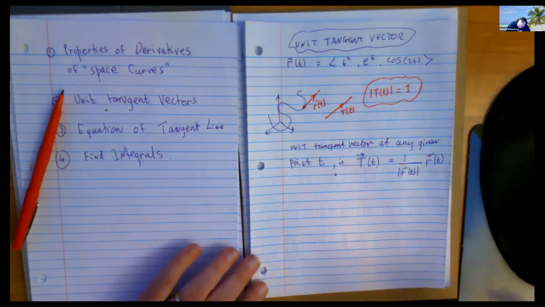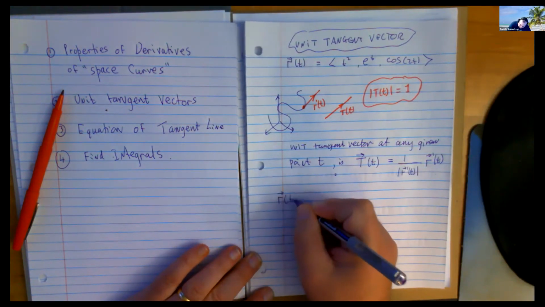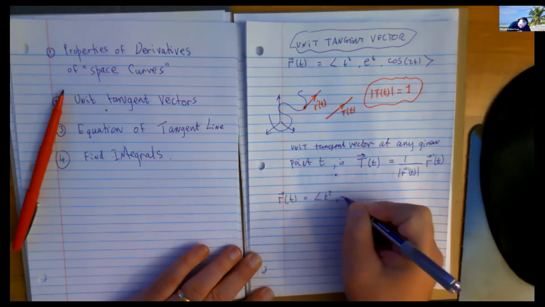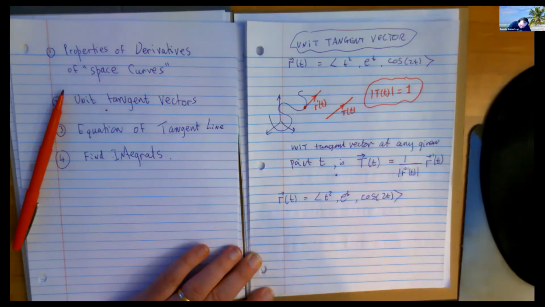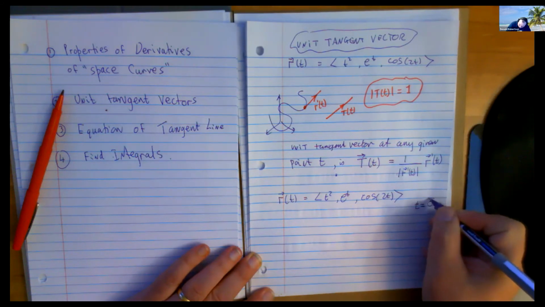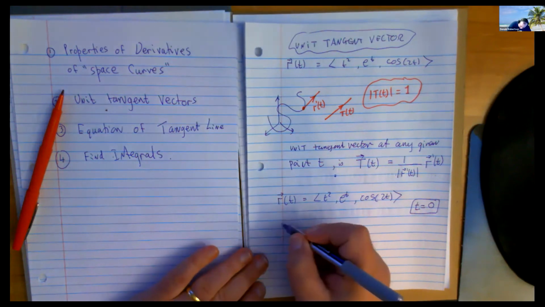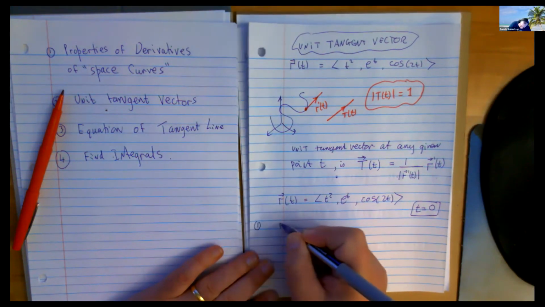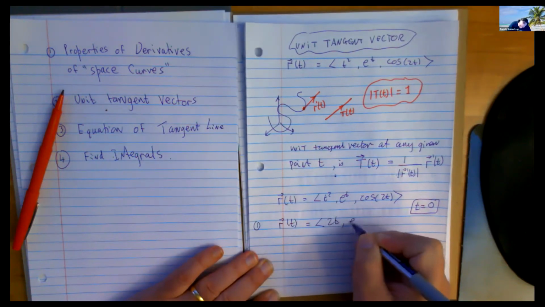Well, the application's a lot easier than maybe the way I'm writing it down. So let's go back to this fella here. And we are going to find the unit tangent vector at 0. So that would be the question. Find the unit tangent vector at 0. So step 1, you find the derivative of your space curve. 2t, e to the t.